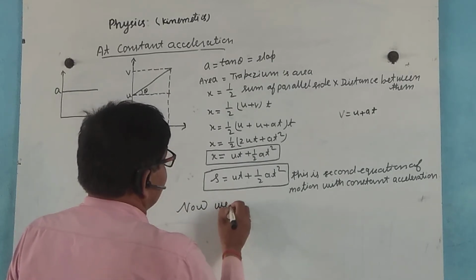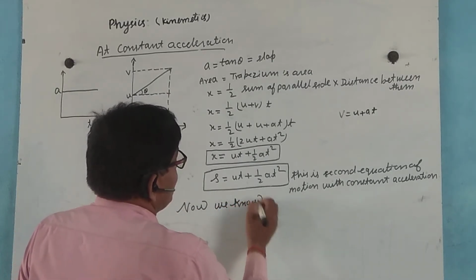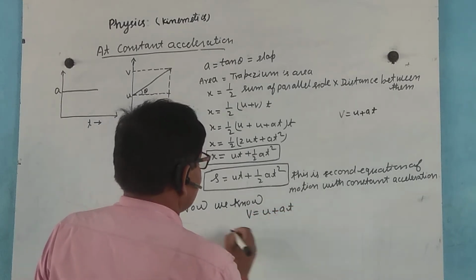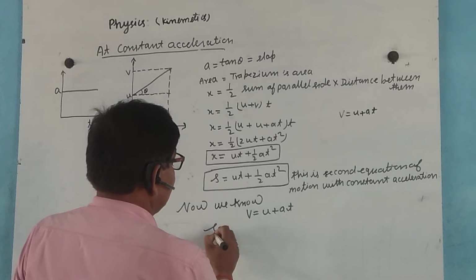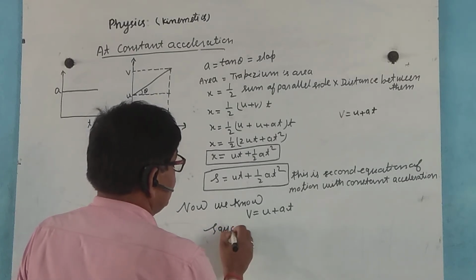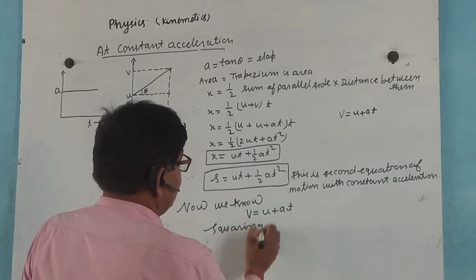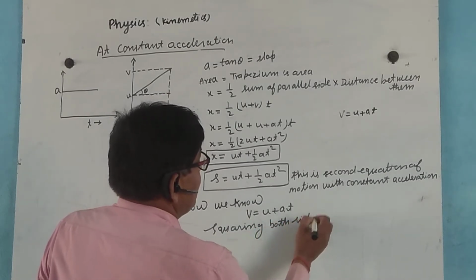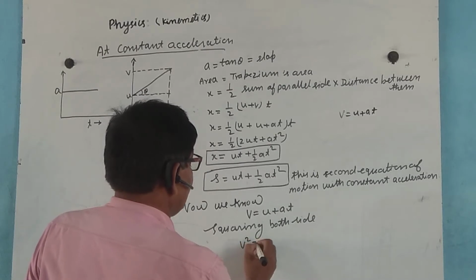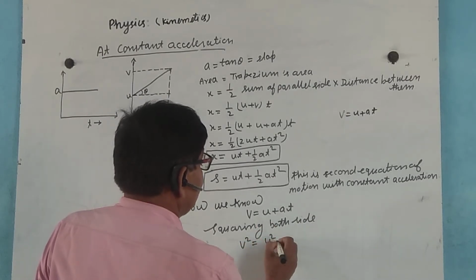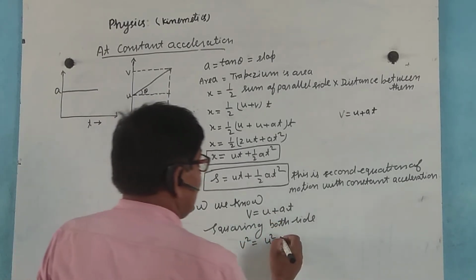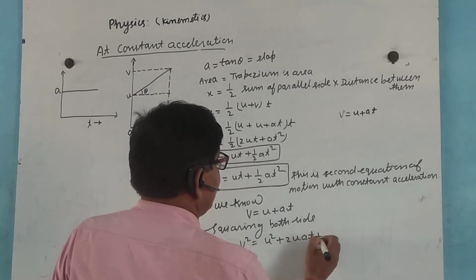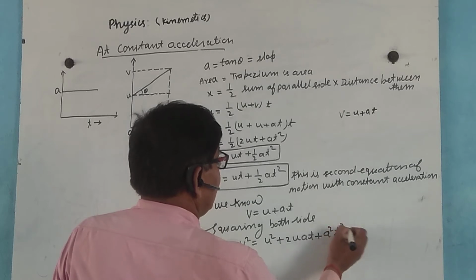Now we know that v is equal to u plus at. Squaring both sides, v square is equal to u square plus 2uat plus a square t square.